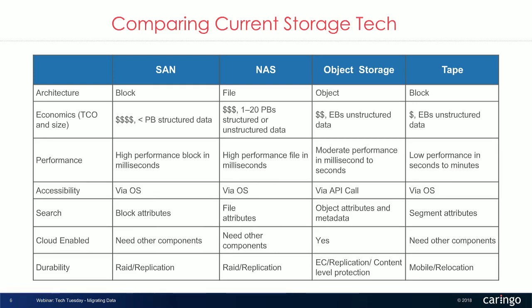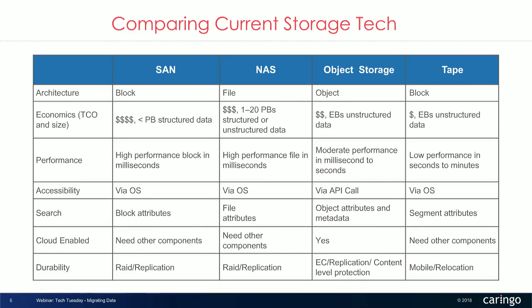And especially in a world of unstructured data, which is the vast majority of data that you're managing in your organization, object storage is the ideal way to store and manage it. It scales up to exabytes in size.